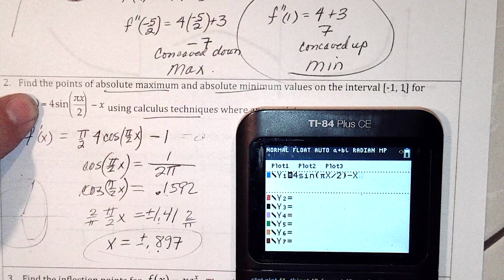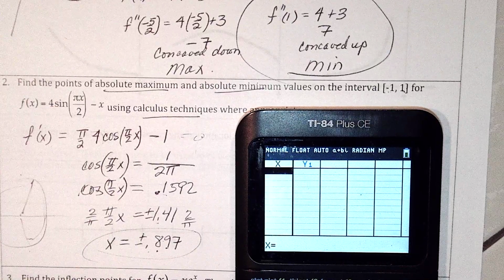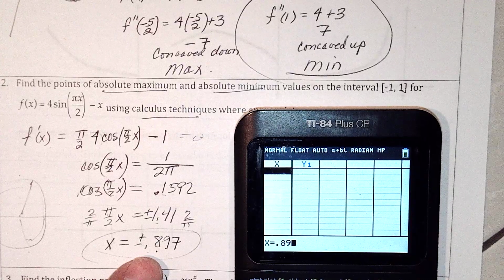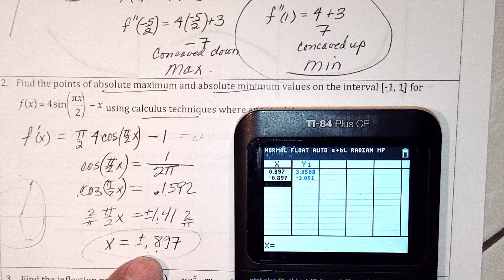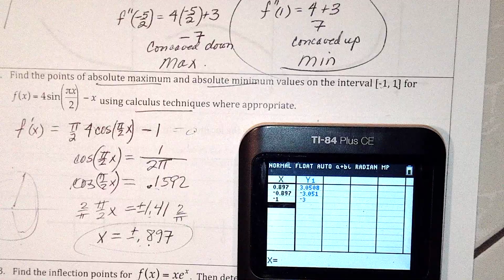And second table set, and I'm going to put in 0.897 and negative 0.897 and -1 and 1.